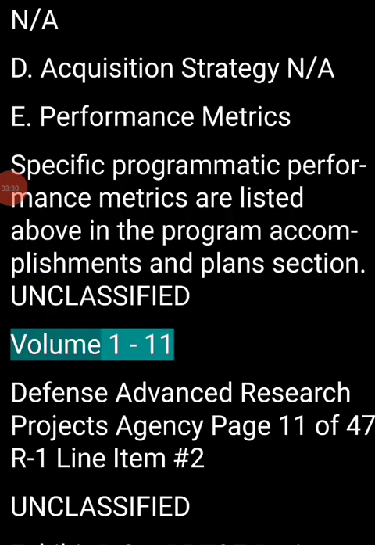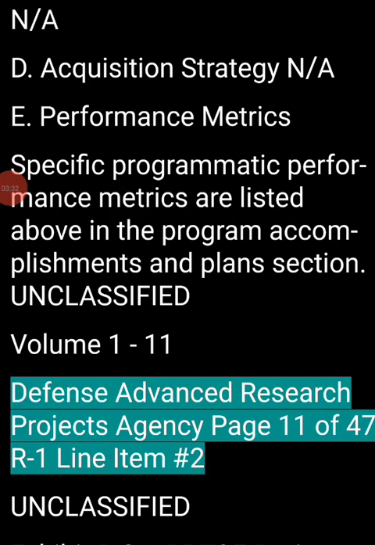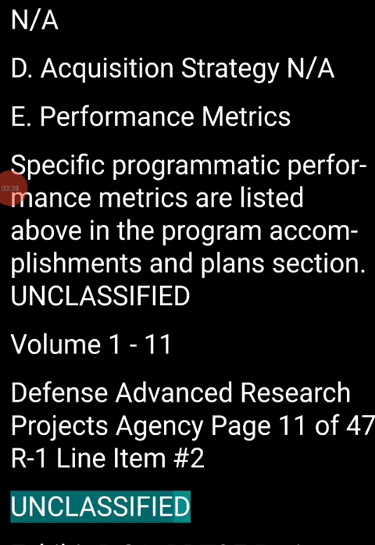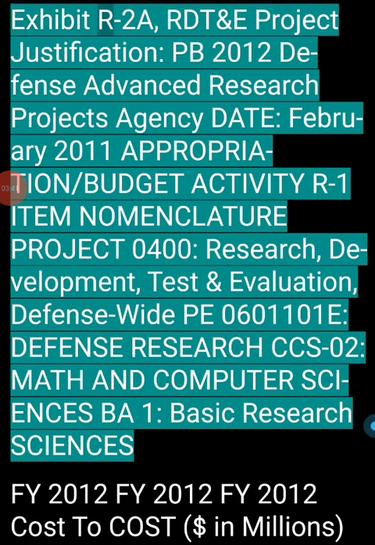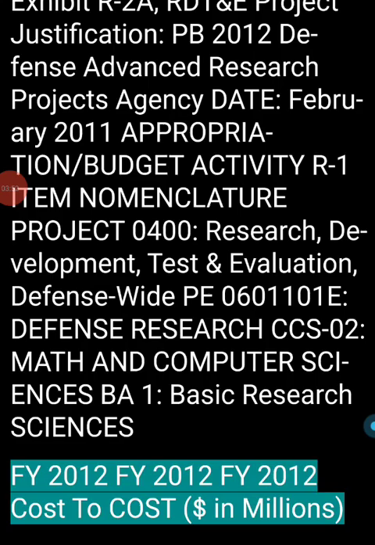Unclassified. Volume 1-11. Defense Advanced Research Projects Agency, page 11 of 47, R-1 line item number 2. Exhibit R-2A, RDT&E Project Justification, PB 2012. Date: February 2011. Appropriation/Budget Activity R-1 Item Nomenclature Project. FY2012 Base, OCO, Total; FY2013, FY2014, FY2015, FY2016, Cost to Complete, Total Cost, $ in millions.